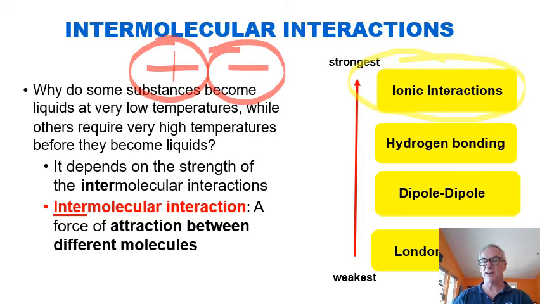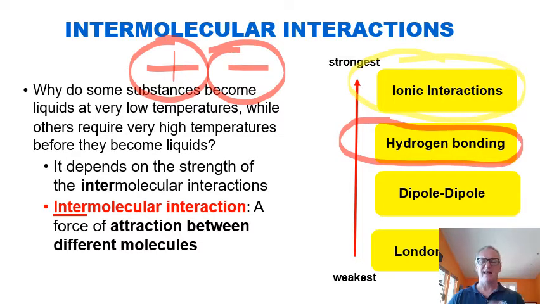So ionic interactions, as far as intermolecular interactions go, are the strongest. That's why ionic compounds don't become liquids till extremely high temperatures. Next is hydrogen bonding, and we've talked a little about hydrogen bonding.